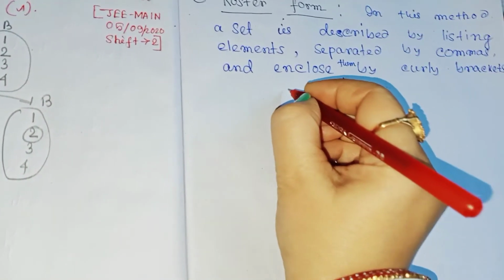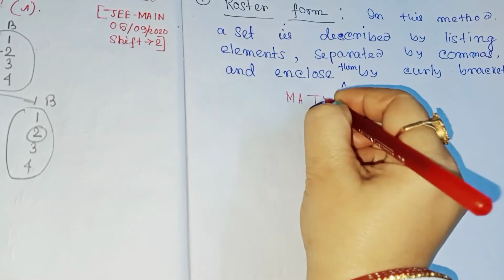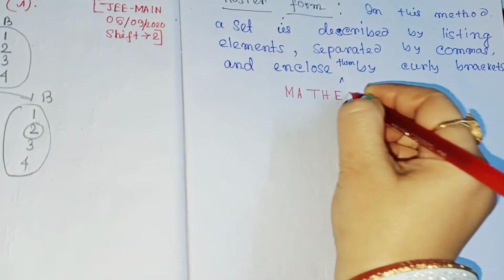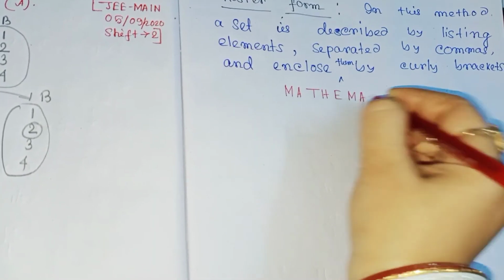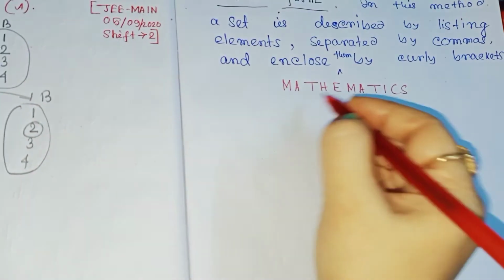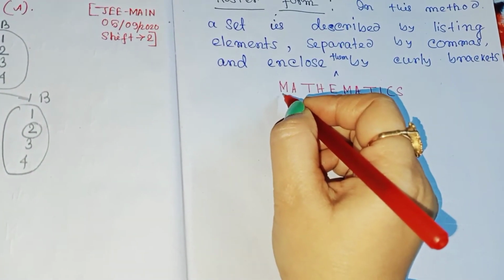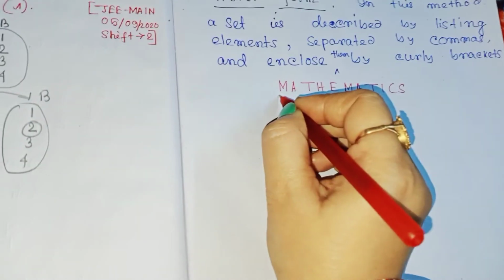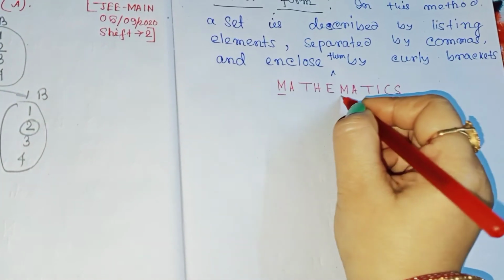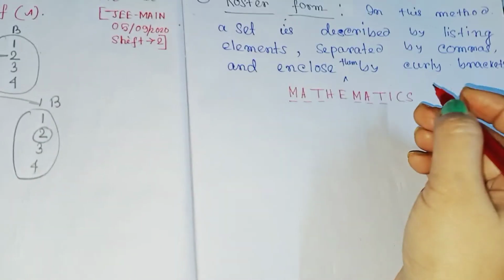Let's suppose the word mathematics. Here there is some repetition of alphabets. That is, M is repeated 2 times, A is repeated 2 times, T is repeated 2 times.